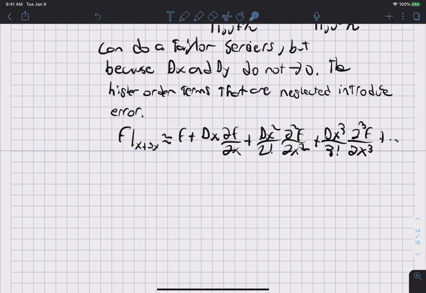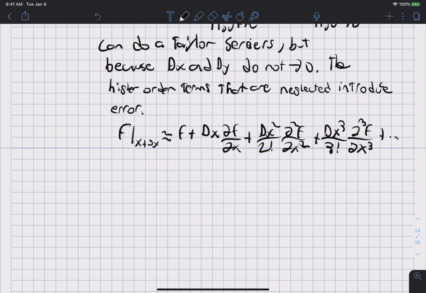Now, let's do a little bit of a tangent here, but say you're in a design scenario where you need to optimize something.